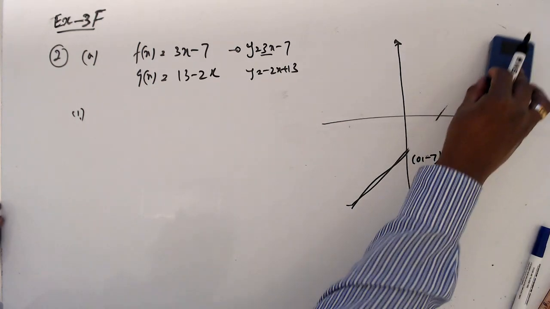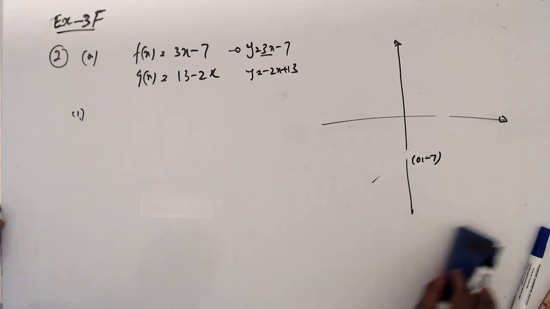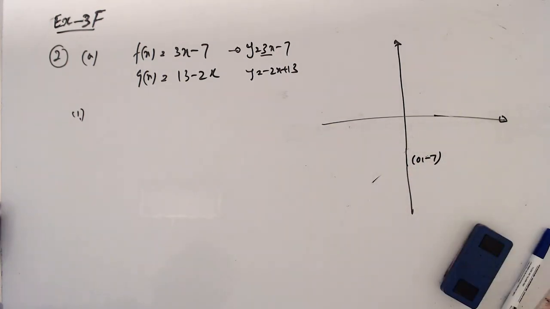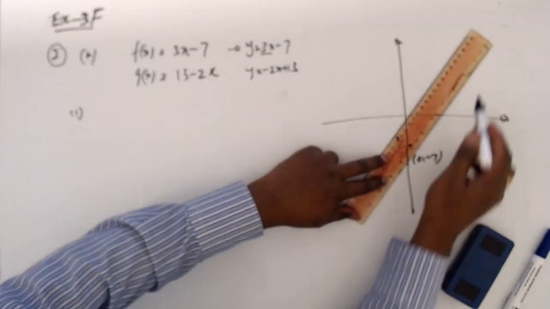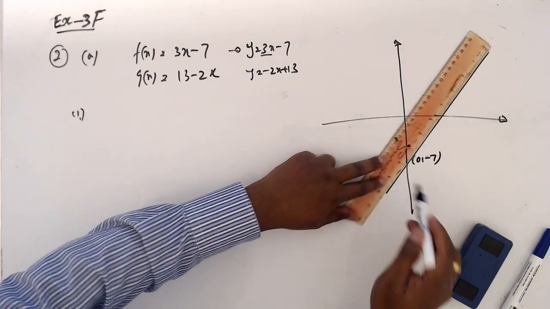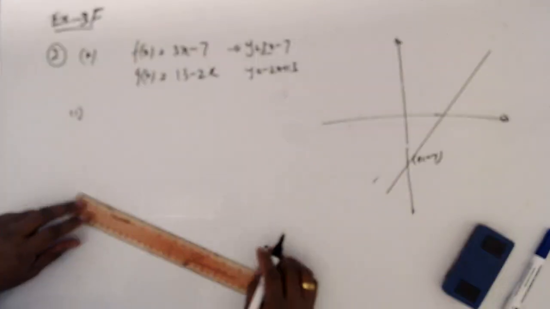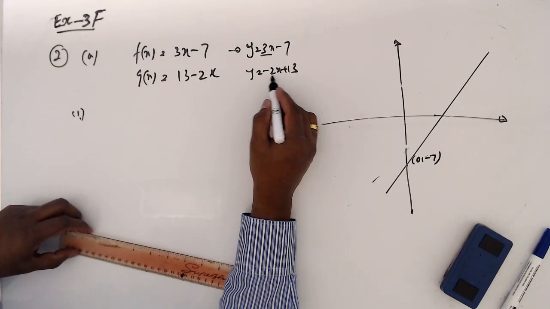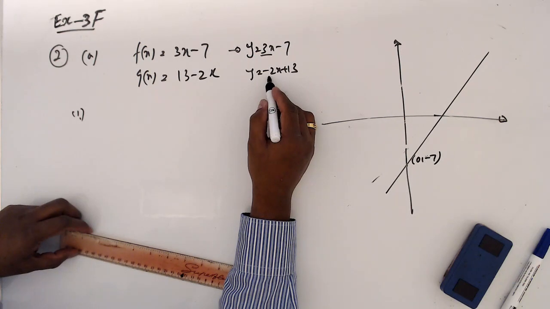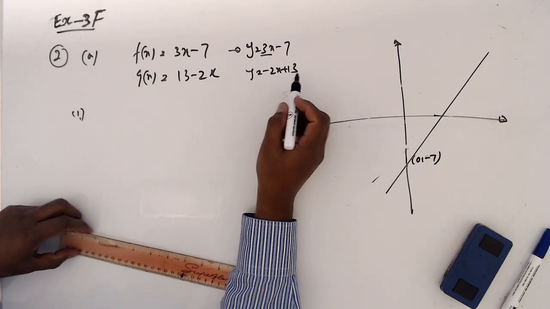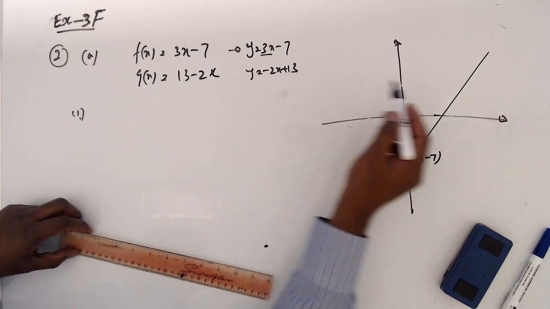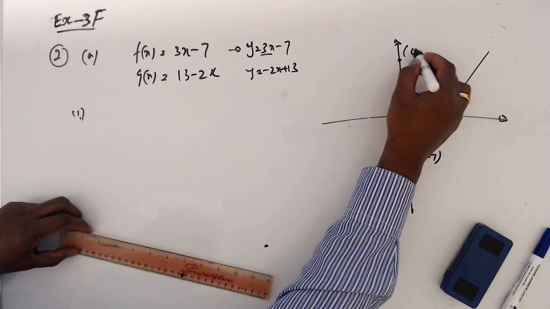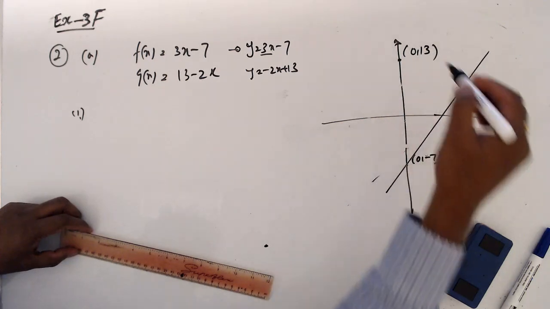It is a line, not a curve. Now, this one has a negative gradient and it will go through positive 13, the point 0, 13.